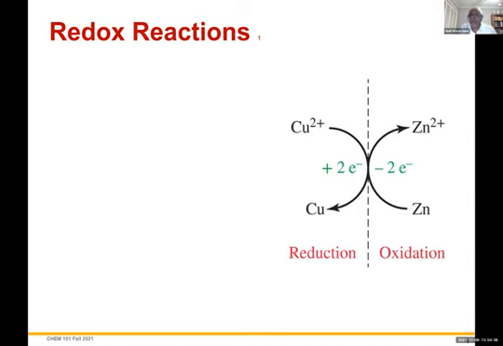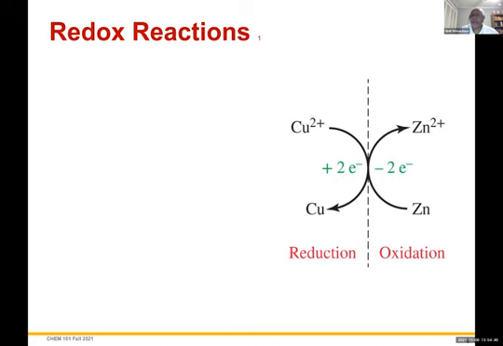Now, if you have a redox reaction like this, normally if you mix these chemicals in one pot, it's going to transfer electrons directly from zinc to copper 2+. Copper 2+ is going to become copper, zinc is going to turn into zinc 2+.